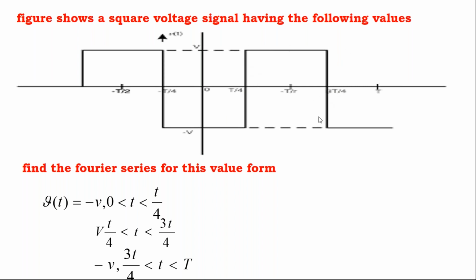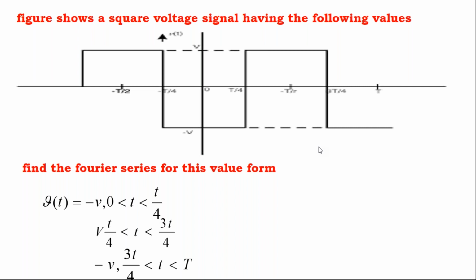Then now tell me, from 3T by 4 to T, what is the amplitude of the waveform? Yeah, Jyoti, you have given minus V. Is it for 3T by 4 to T or 0 to T by 4?